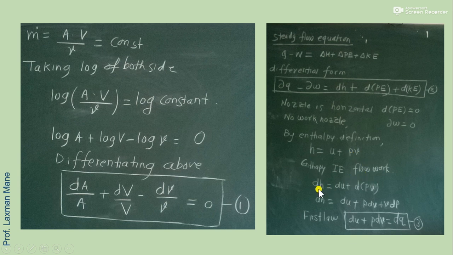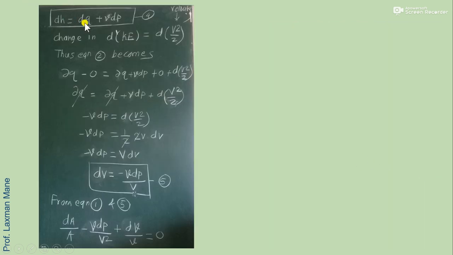In differential form, dH is equal to dU plus the derivative of flow work PV, and this can be modified as PdV plus VdP. But the summation of internal energy change and PdV is equal to dQ, say equation number 3. So now by using this, dH is equal to dQ plus VdP, equation number 4.